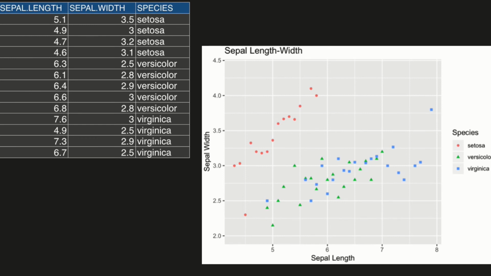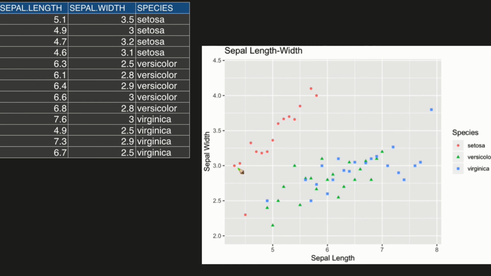And so this is from a flower data set comparing the length of sepals versus the width of sepals. Sepals are green leafy things that are just below the petals in most flowers. It's not important that you actually know what those are, just that they're both continuous measures. And so here we've got what's called a scatter plot. And so you can see the sepal length and the sepal width along the x and y axes.